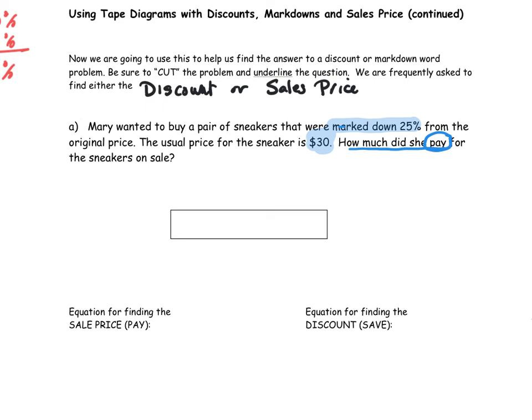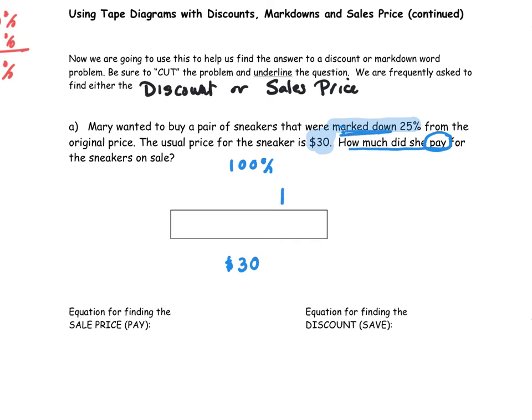So we're going to start this tape diagram just like we did before. We're going to mark the money, and it's $30 for the pair of sneakers. The whole diagram represents $30. The whole diagram is 100%. But we're given a discount, and we get to take off or mark down.